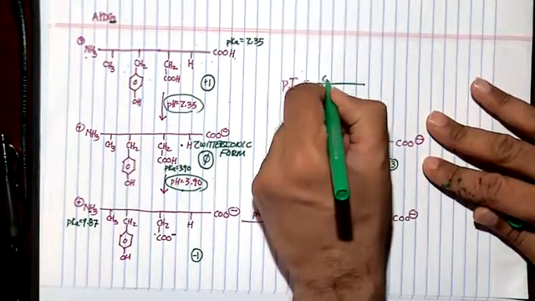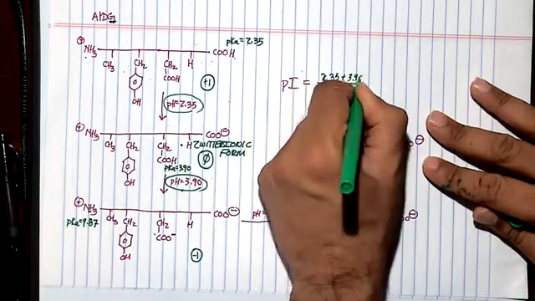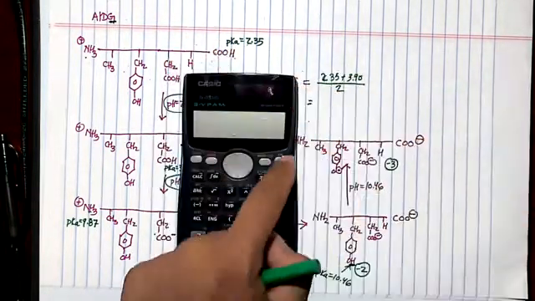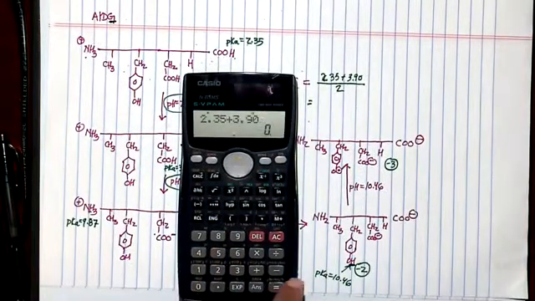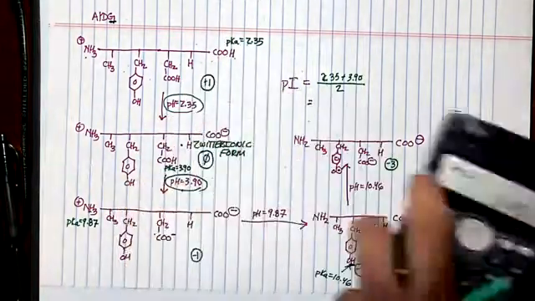So the PI for this AYDG tetrapeptide, alanine, tyrosine, aspartic acid, and glycine joined together via 3 peptide bonds, is going to be 2.35 plus 3.90 divided by 2. Doing that in our calculator here, 2.35 plus 3.90 divided by 2, about 3.13.